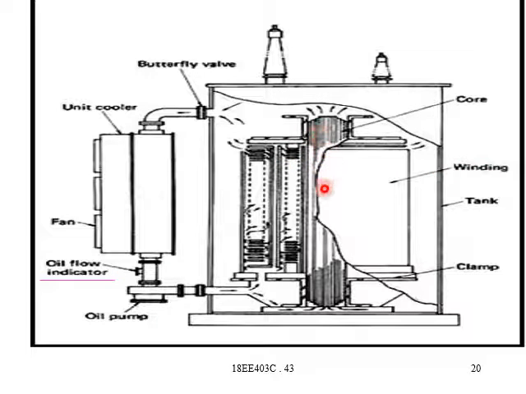LV is placed near to the core and HV is placed over the LV. So these are the windings, and these windings are concentrated coils, fixed by clamps.